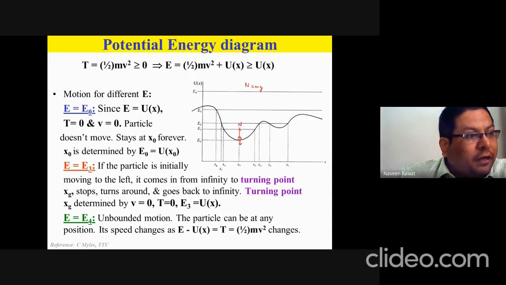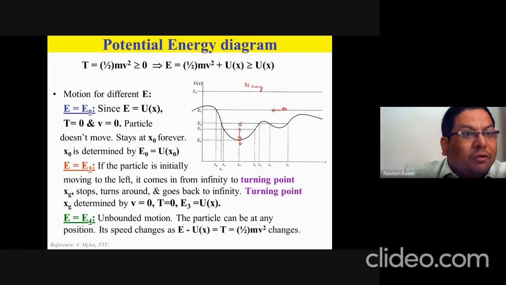So there are other conditions. You can look at condition E3. Let's say there is a particle that is moving initially to the left, coming from this direction. Now when it is moving in this direction and it sees this valley here, you know that the particle cannot cross on the other side, right?